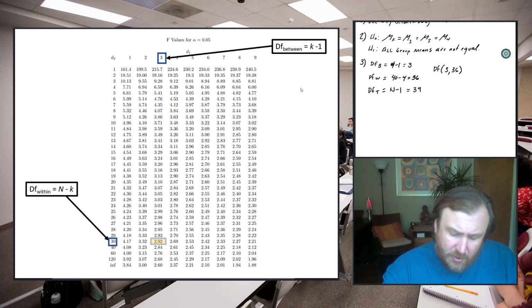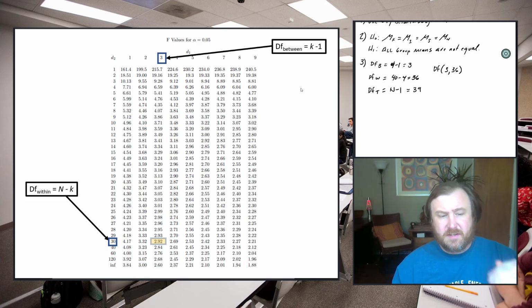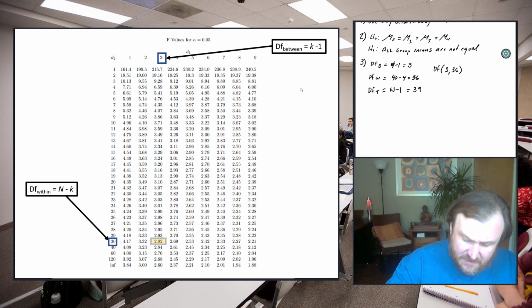Our degrees of freedom within was 36, but 36 does not appear in this table. Whenever that happens, you always go to the next lowest number. This is a conservative approach. So you go to the next lowest number, which is 30, and so we can see that F crit is equal to 2.92.